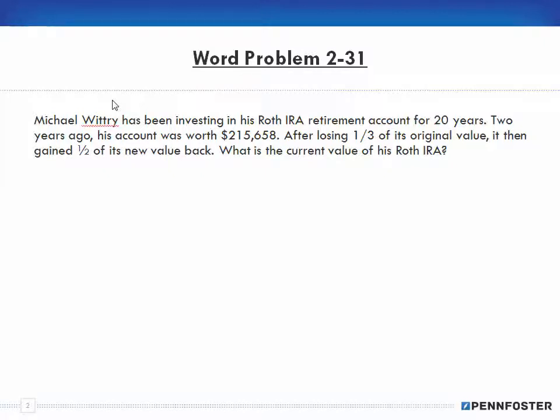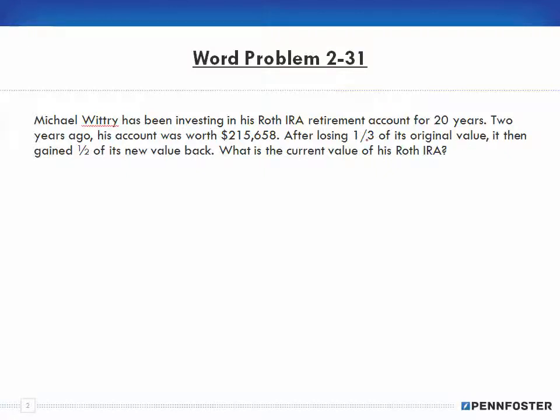If you're trying to do word problems just by reading them and then mimic or copy, you're not going to get them. You have to be actively involved with the information. So 2 years ago, his account was worth $215,658, after losing 1/3 of its original value.